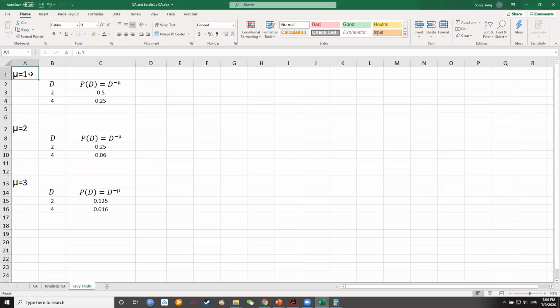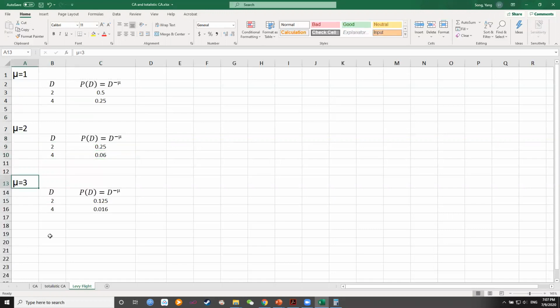But let's change mu from 1 to 2. So here we're using the same independent variable and the same function, right? This time, if d is equal to 2, the probability is 0.25. But if d is again 4, the probability is much lower, 0.06.